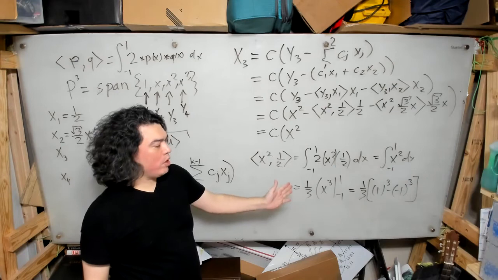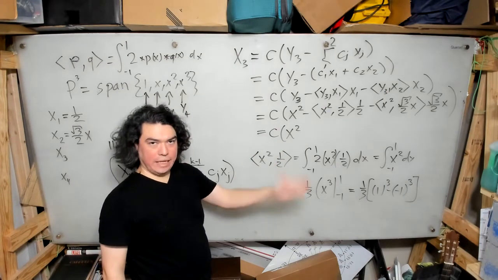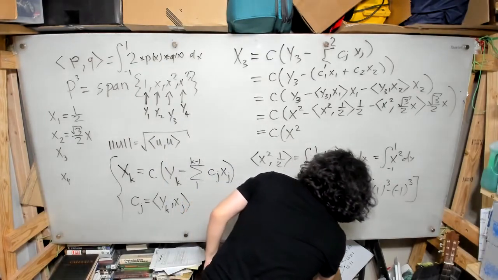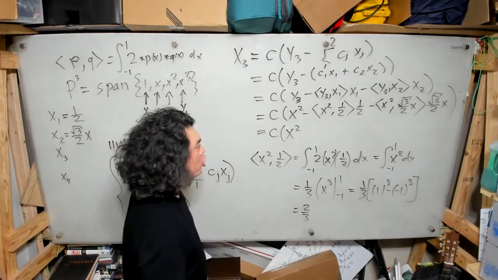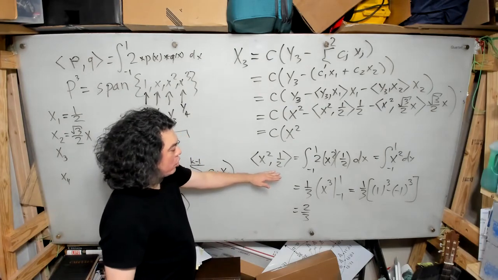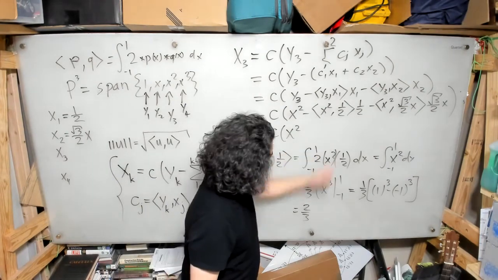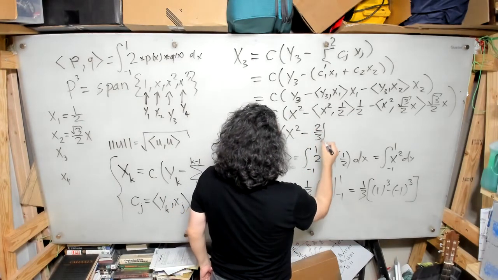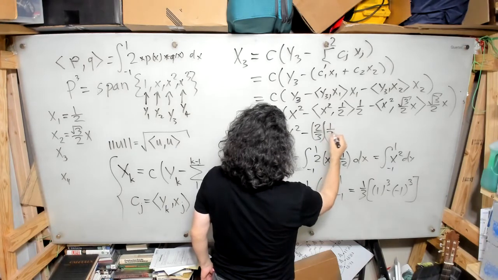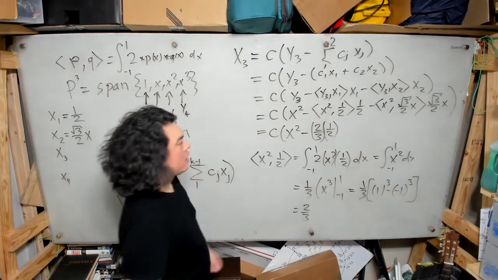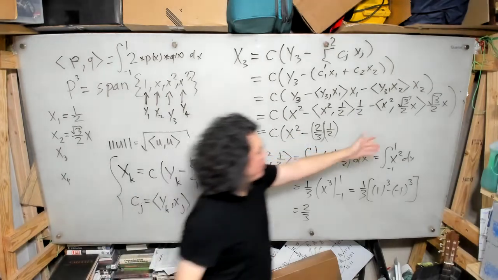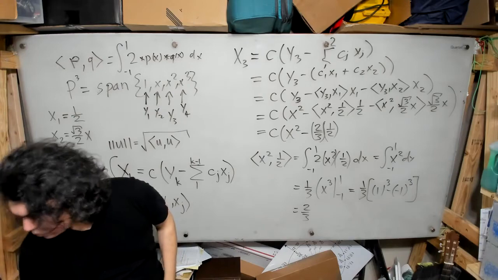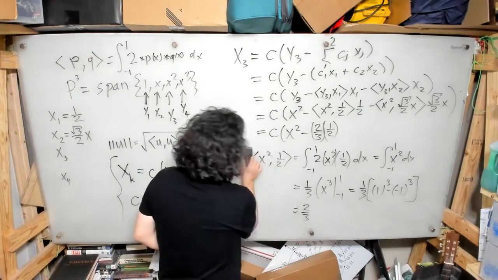The 1 cubed will be 1, so I'm going to be left with 1 minus -1, or in other words, 1 plus 1. So it'll be 2. 2 times 1/3 is 2/3. So this coefficient is 2/3. So it'll be x squared minus 2/3 times 1/2. Now I need to calculate this coefficient here. Let's do that together.